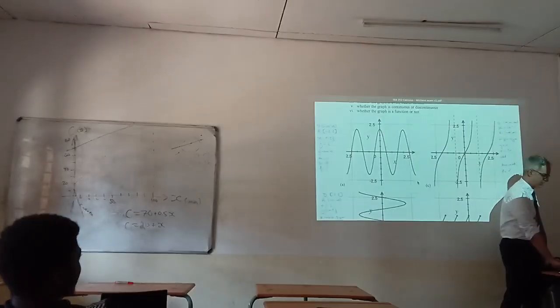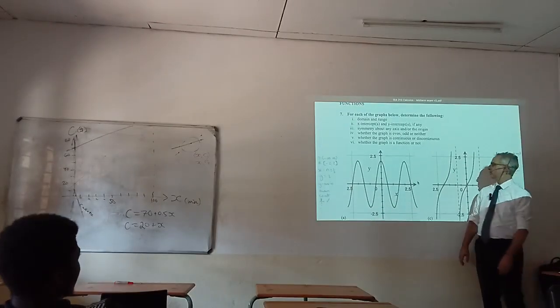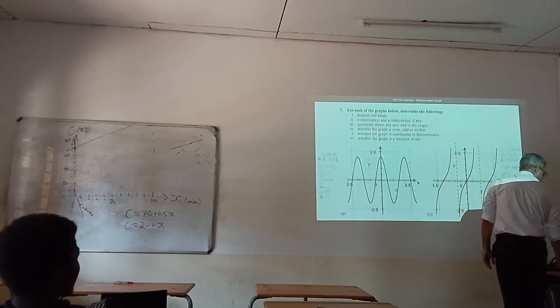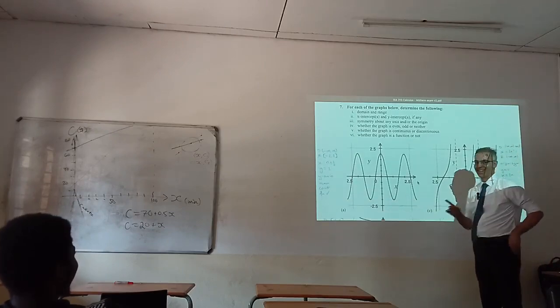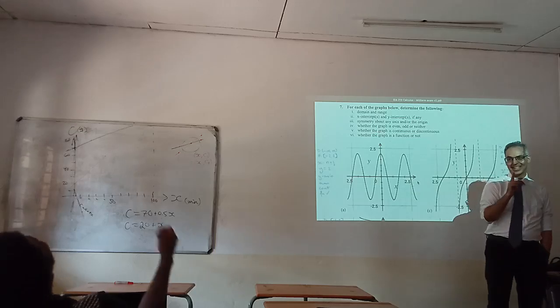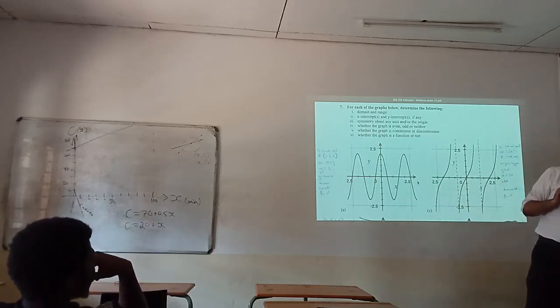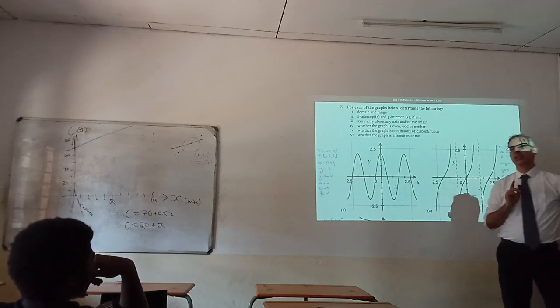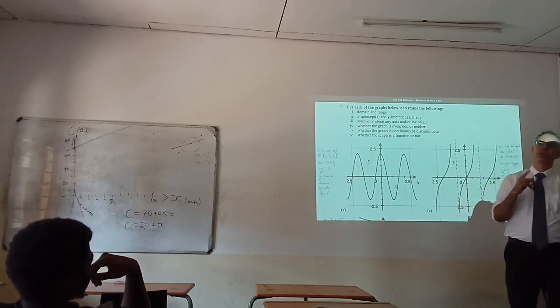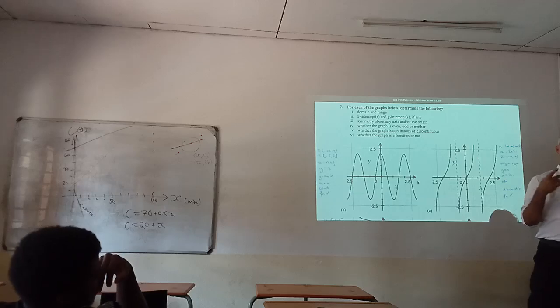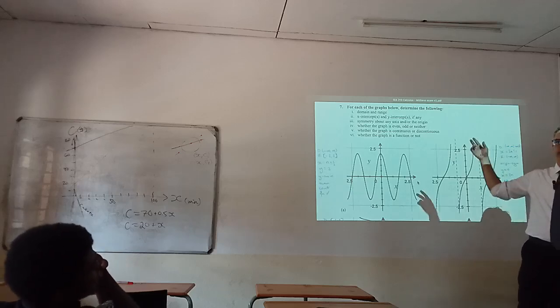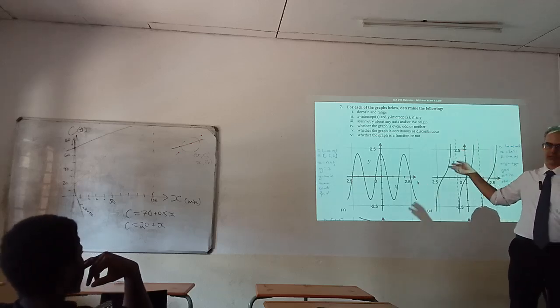Okay, this one. Now, a few of you, again, did not read. There was a similar problem in the assignment. And in the assignment it said, determine whether this is a function. If it is, then give the domain and range and so on.